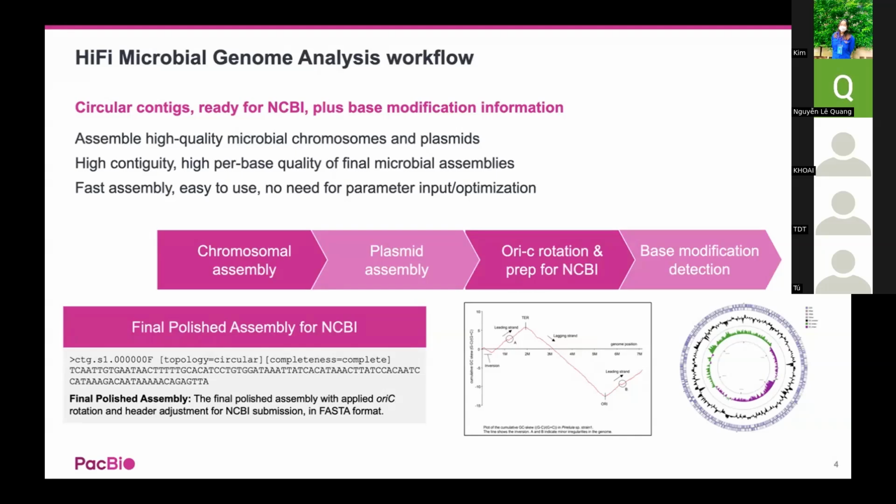And the output sequence has been formatted for NCBI submission, so you don't need to make any modifications on your sequence. You can just submit the output results directly to NCBI. In addition, you can also specify base modification detection if you would like to have that information. For example, you can specify to obtain 6mA or 4mC information using this workflow.